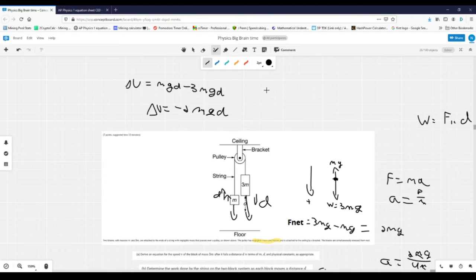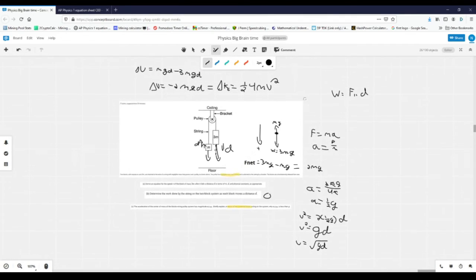And then on the other side, you can say that is equal to the change in kinetic energy, which would be 1/2 times 4m, because we're talking about the sum of the masses and they all have the same acceleration, the kinetic energy of the whole system, so 1/2 4m v squared. And what you may notice is these numbers are the same as the numbers we have over here.